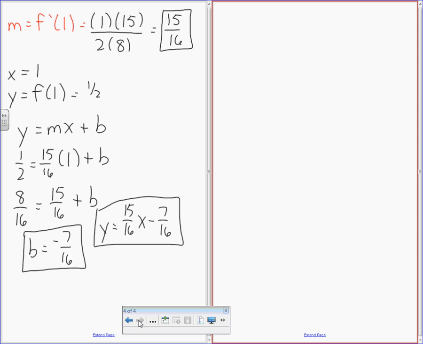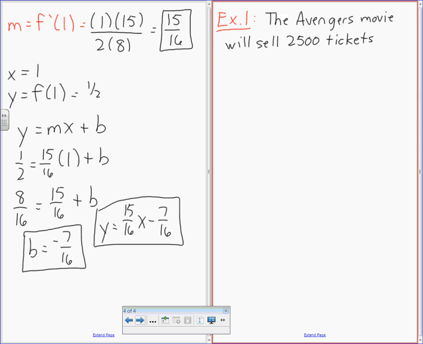So my example 1 is going to say, we'll use the Avengers movie. The Avengers movie will sell 2,500 tickets when the price is $9.25.